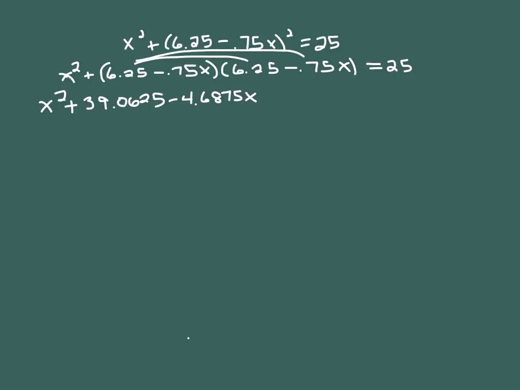Then distributing the negative 0.75x to the 6.25 gives exactly the same thing, negative 4.6875x. And negative 0.75x times negative 0.75x is a positive 0.5625x squared, because x times x is x squared. Then we bring down the equals 25.